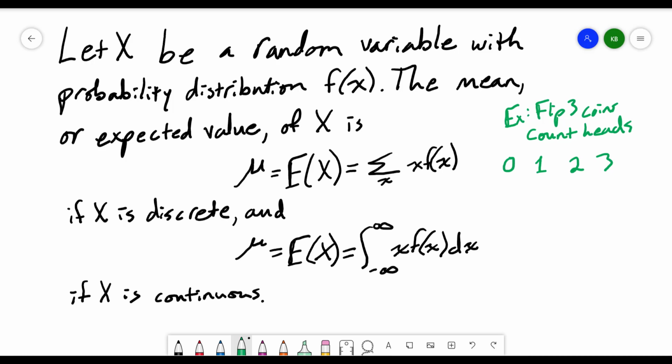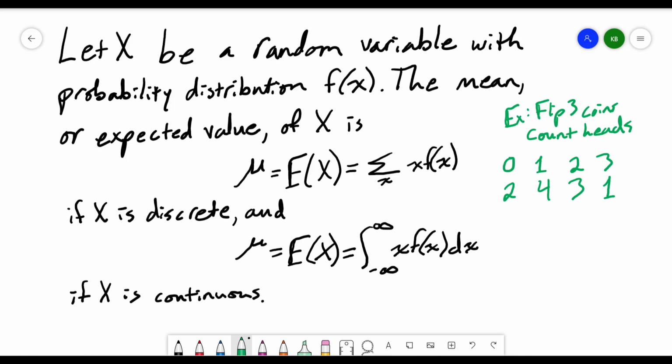Now say we conduct this experiment, well, let's go with 10 times, and we end up with 0 heads coming up 2 times, 1 head coming up 4 times, 2 heads coming up 3 times, and 3 heads coming up once.